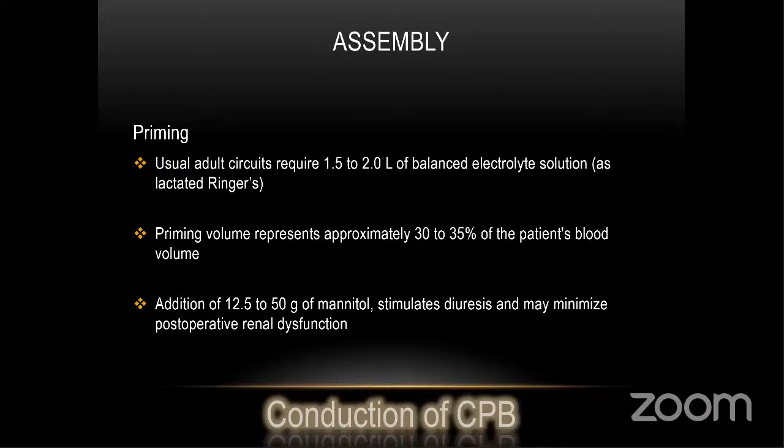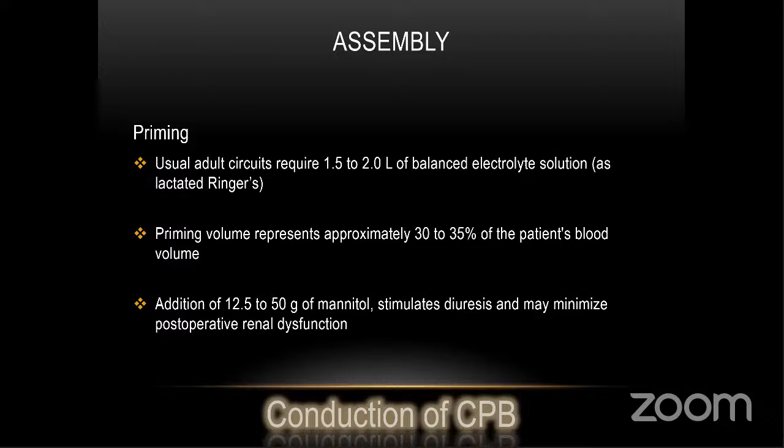The usual adult circuit requires around 1.5 to 2 liters of balanced electrolyte solution like Ringer's lactate. So in the average size adult, the priming volume represents approximately 30 to 35% of the patient's blood volume.